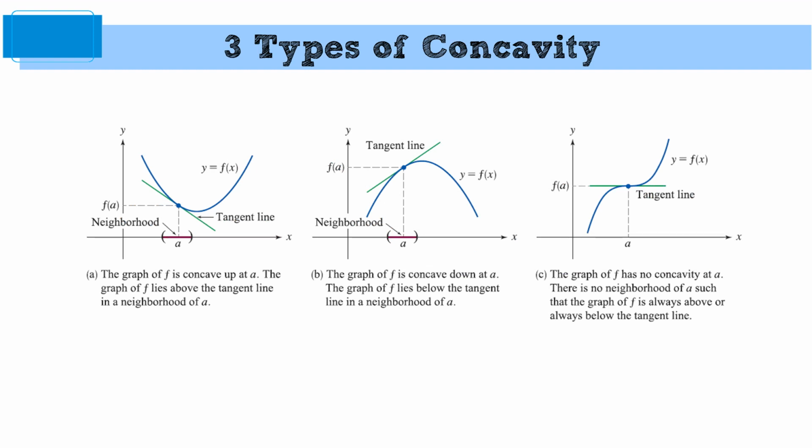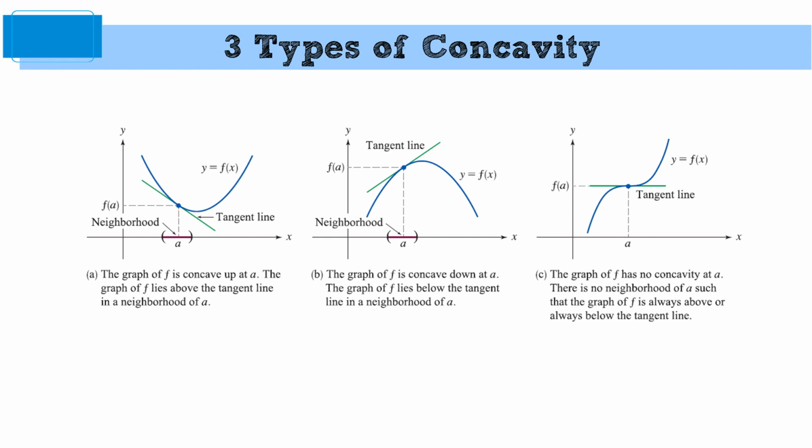Okay, moving on. Here are all the different types. This is basically what I just did with my own little bowls and umbrellas. We've got a bowl over here above the tangent lines, an umbrella below the tangent lines, and then the third one, which is all the funkiness. Notice that in the left picture, that graph is always concave up.